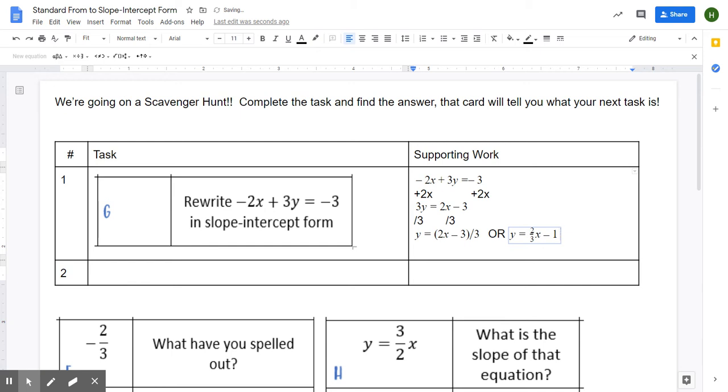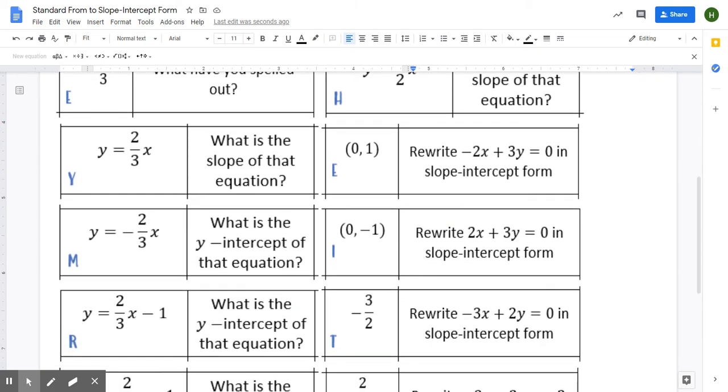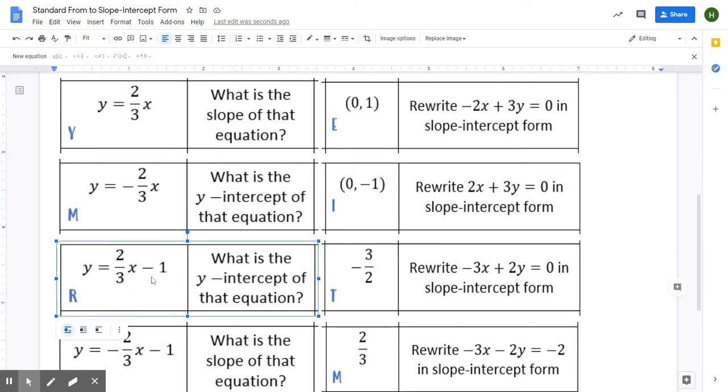So to rewrite negative 2x plus 3y equals negative 3 in slope-intercept form, I end up with y equals 2/3 x minus 1. So now I need to go and look on the left-hand side, the one with a letter, for y equals 2/3 x minus 1, and I can see it here.